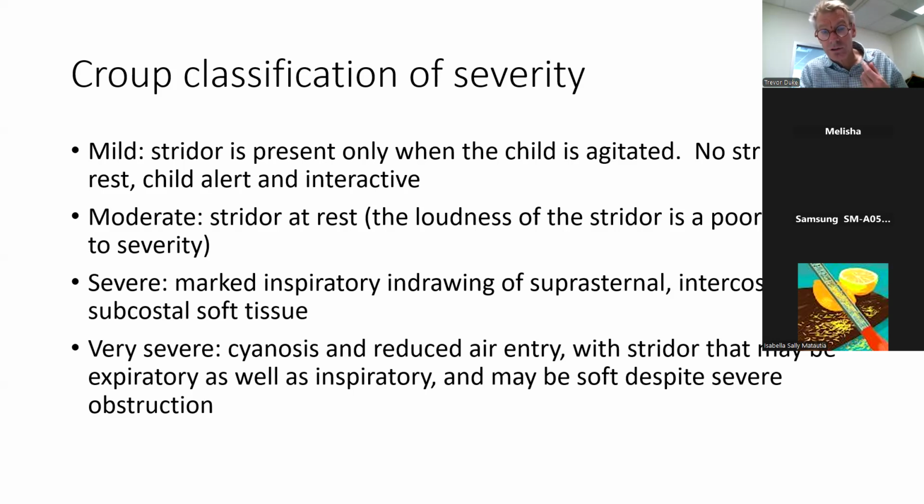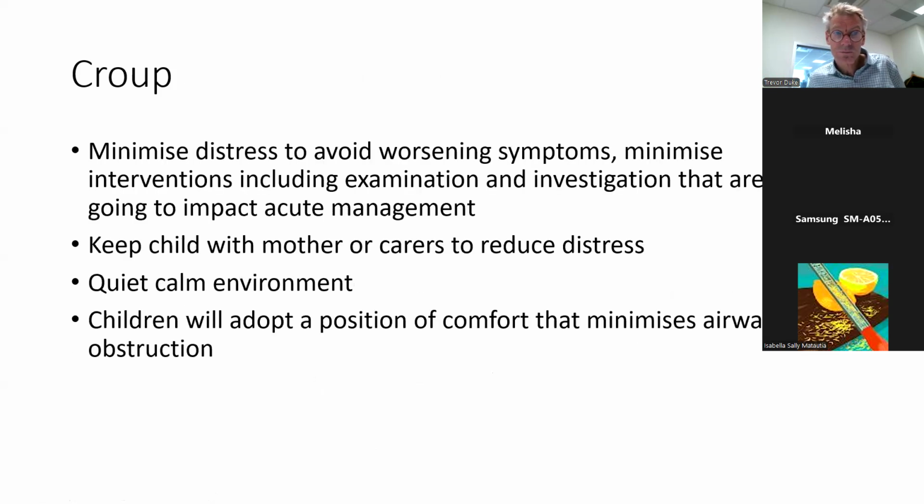And so any child with cyanosis or reduced air entry, as the children are getting worse, often they go from just having a soft inspiratory stridor to having both an inspiratory stridor and an expiratory stridor. Not always, but sometimes they do. So beware of any child who's got airway obstruction, stridor at rest, cyanosis particularly, regardless of whether it's a supraglottic or a subglottic obstruction.